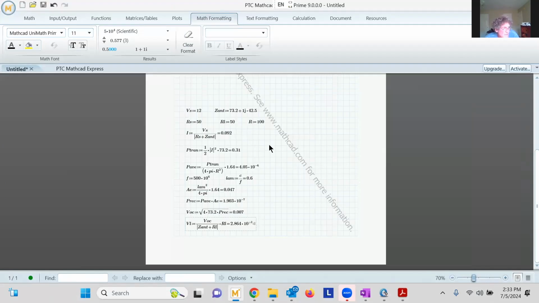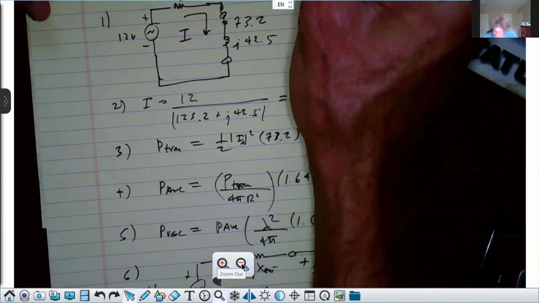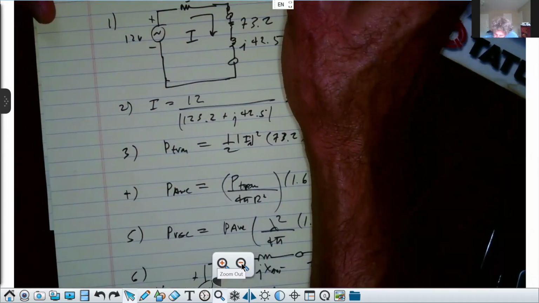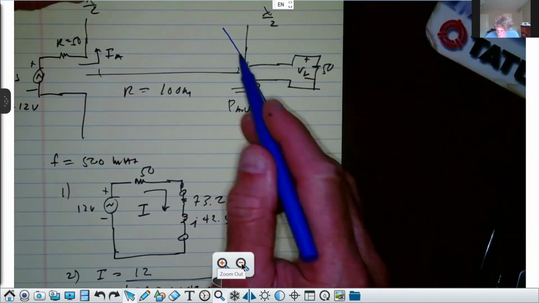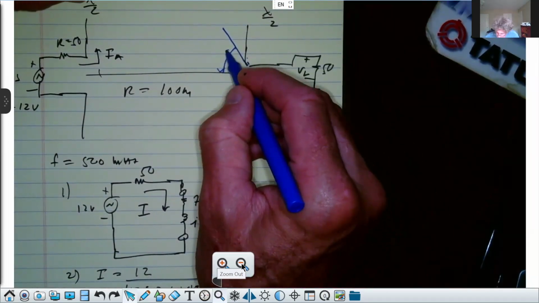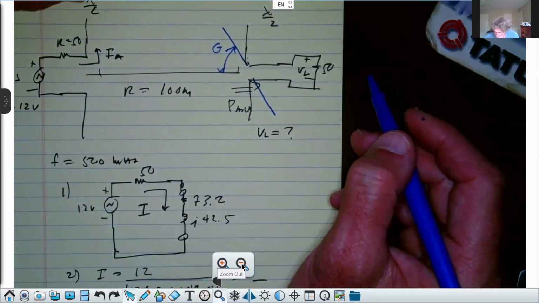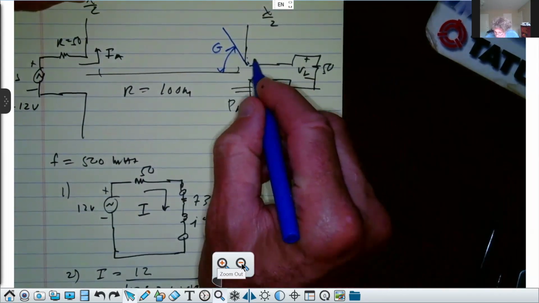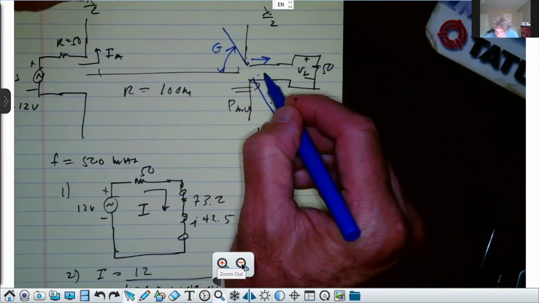I like MathCAD. If the tilt angle of the receiving antenna is not at 90 degrees, suppose the antenna tilts, where now instead of being 90 degrees it's something less than 90, and this is the receiving antenna. What actually happens is the gain or directivity of this antenna goes down.